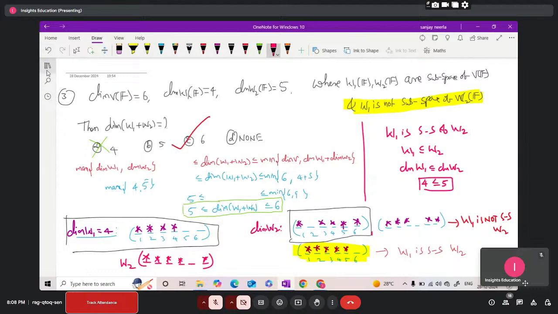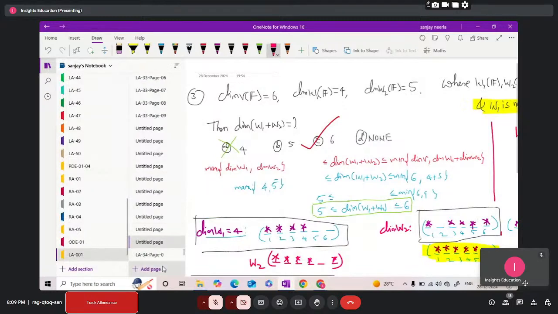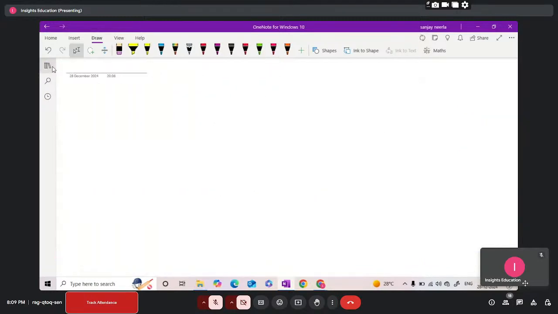ఒక్క నిమిషం మళ్ళీ సపరేట్ రాద్దాం. ఓకే, సో W1 is 4-dimensional space.